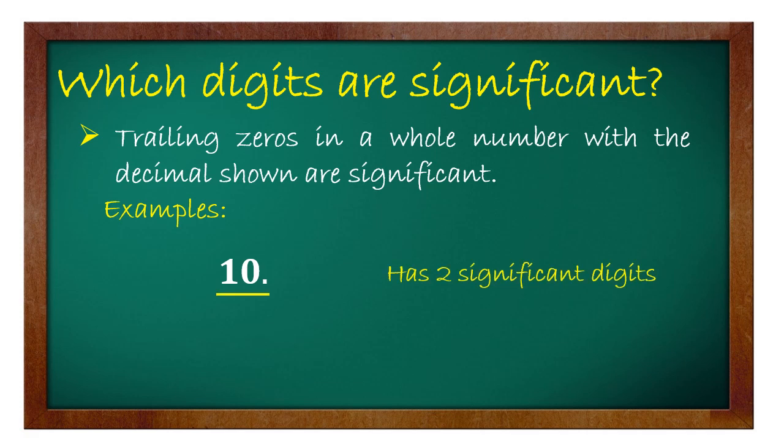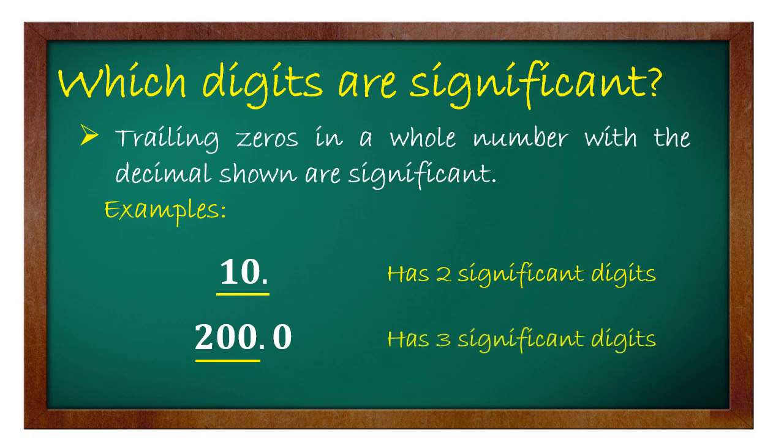So, we could say that we have two significant digits, the 1 and the 0. Another is the 200.0. So, since may makikita kang decimal point, ibig sabihin, yung zeros natin sa whole number will be considered as significant. So, in this case, we have 3 significant digits.